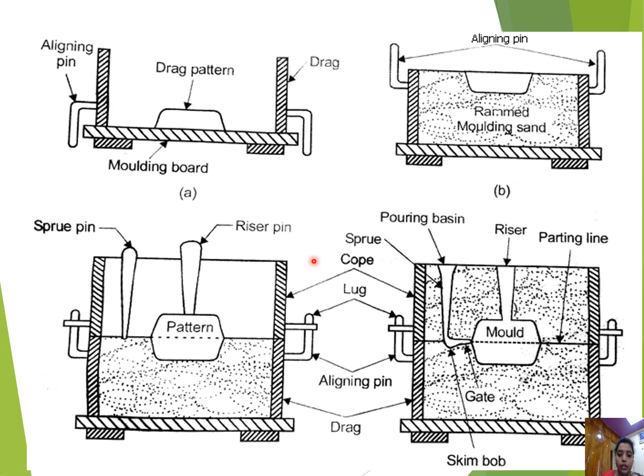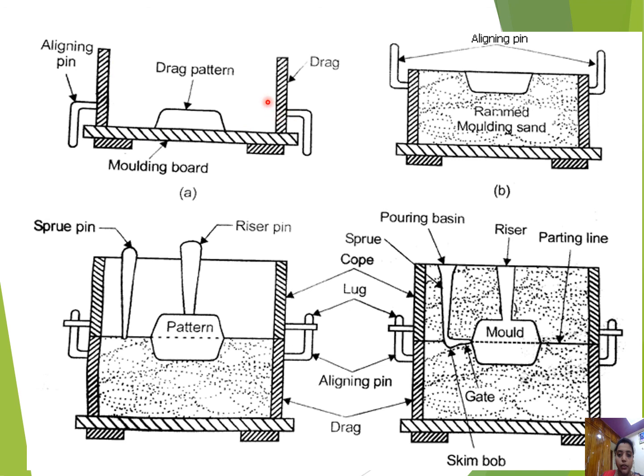After that, this is the drag part and this is the cope part. We will join these two by using the alignment pins. Here see, the locking system happens like this. The base of the material is the drag part.